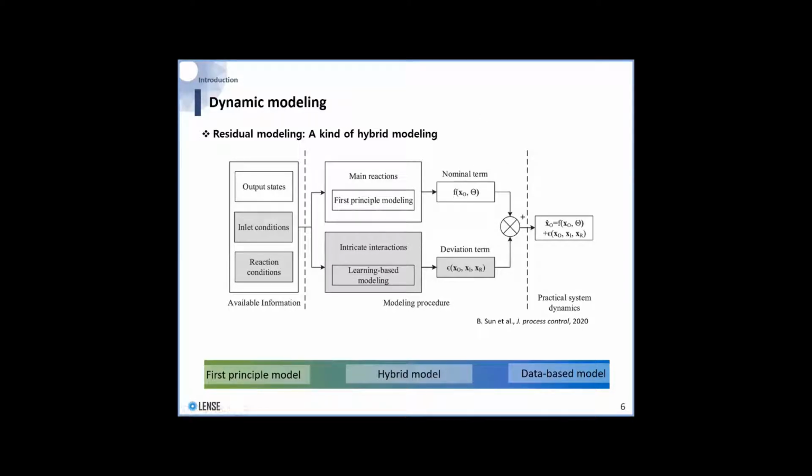For example, you may not know the kinetic expression, and you may want to leave that as a black box. Okay, so you leave that as a black box, and then you write down everything else in terms of mass and energy balance, and then try to use the data to estimate that black box. That's an example of hybrid modeling as well.